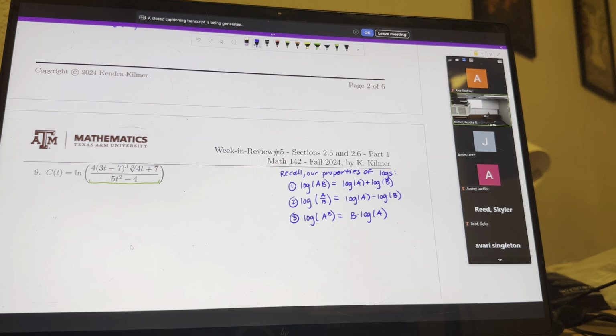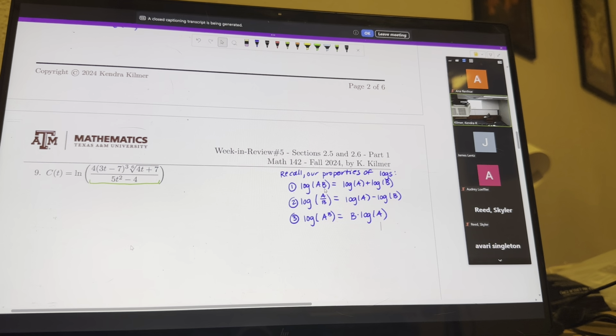We can only rewrite things if a product or a quotient is inside of the log, or an addition or a subtraction is outside of the log, right? So there's nothing that enables us to rewrite a log if there's an addition or a subtraction inside of the log, right? So you have to know when you can use properties of logs and when you can't. Okay, so we do a lot of rewriting here.